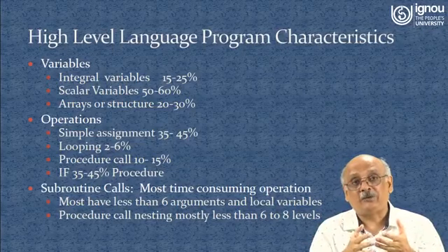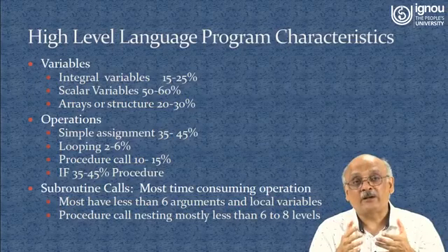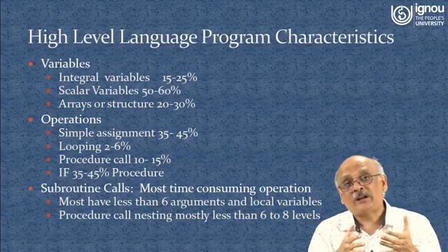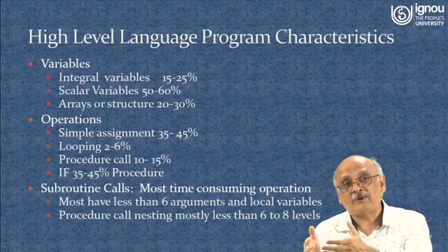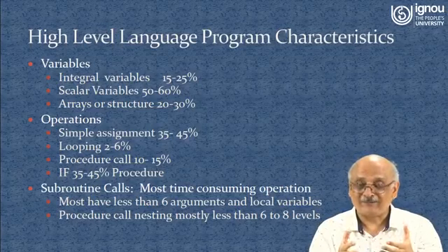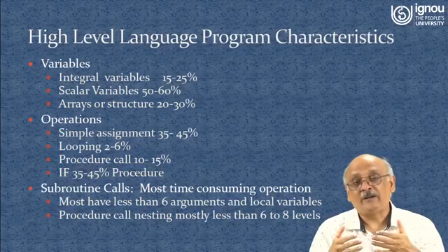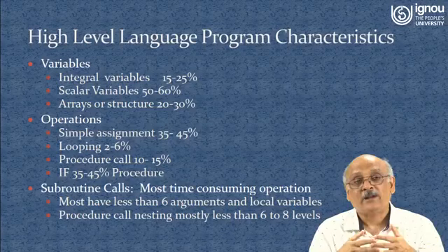But in addition to that, one of the major problems was that ultimately it is the high-level language programs which are to be translated into machine language programs and executed efficiently, and the characteristics were very different. Many researchers studied this concept, Tenenbaum being one of them, and Berkeley University was another.